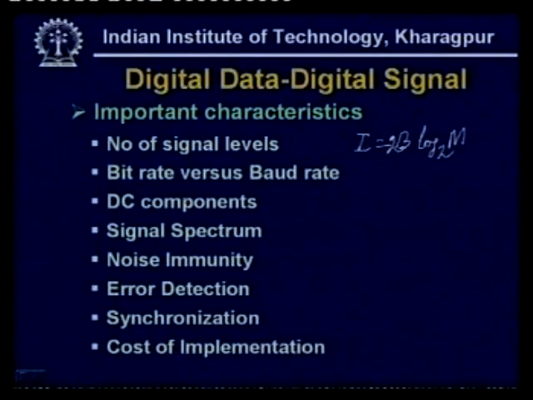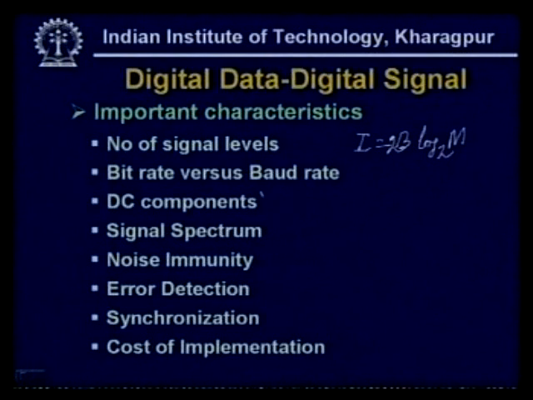Then comes the question of bit rate versus baud rate. As I explained in the last lecture, the bit rate is essentially the data rate at which the signal is transmitted. On the other hand, the baud rate is essentially the number of signaling elements. The number of signaling elements used can be more than the data rate or less than the data rate.